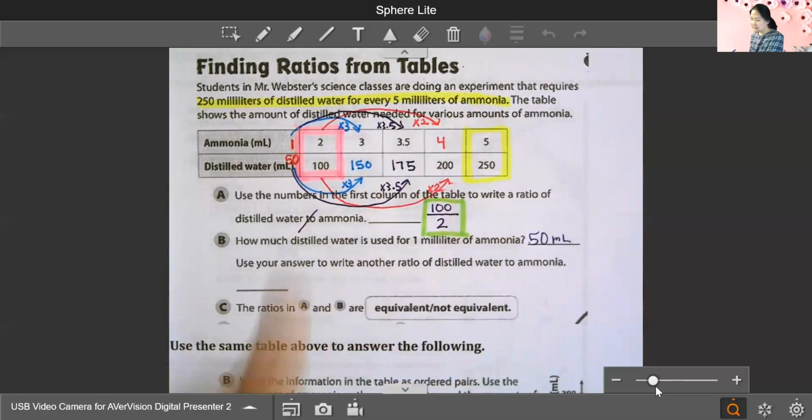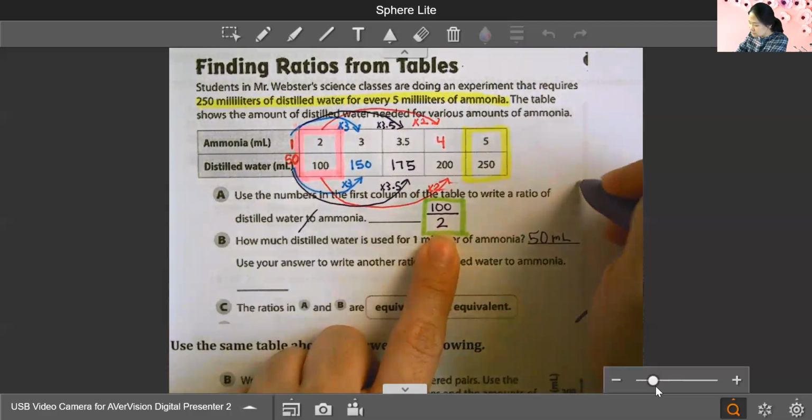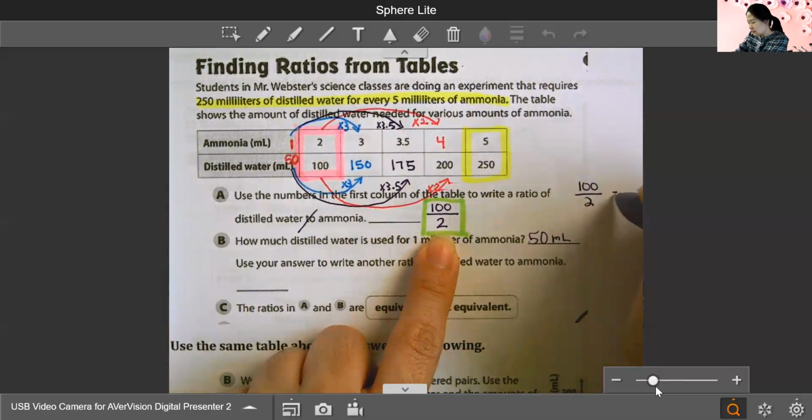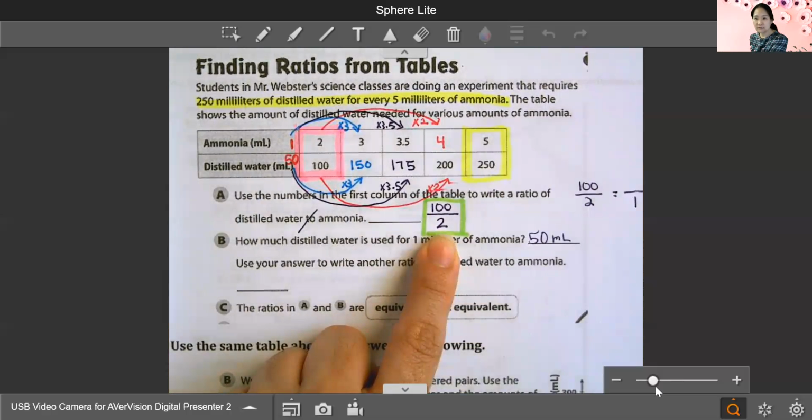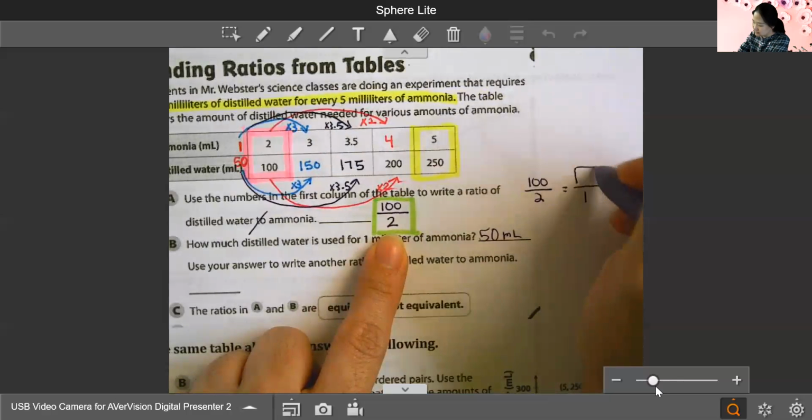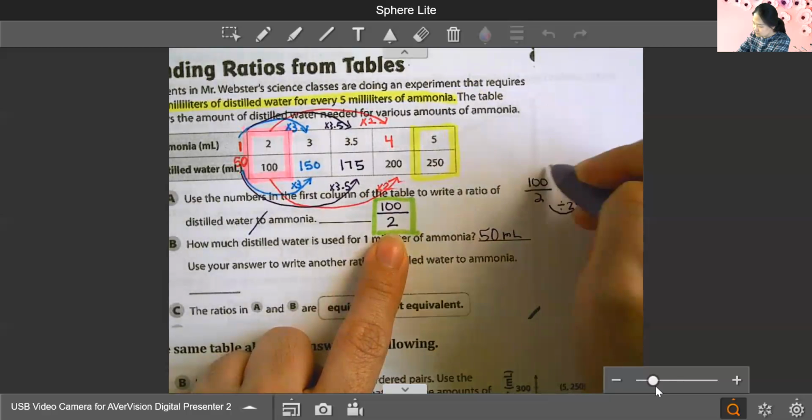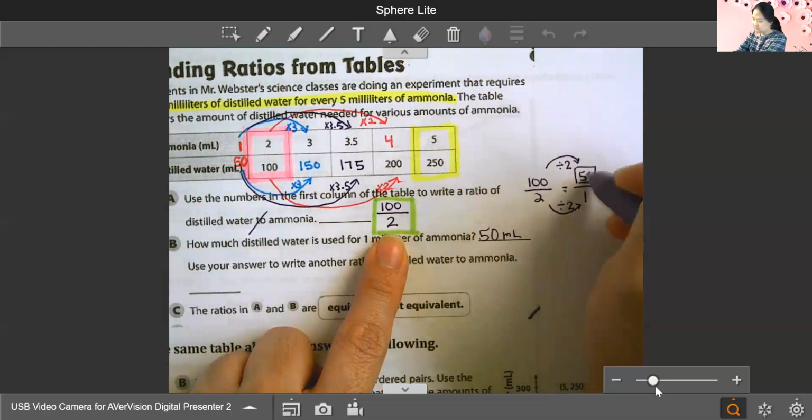Now, if you didn't have that information, then all you need to do is find the equivalent ratio. 100 to 2. And then what is it for 1 milliliter? You need to divide by 2. Divide by 2. And that would give me 50.